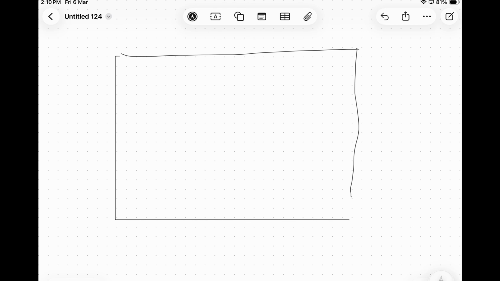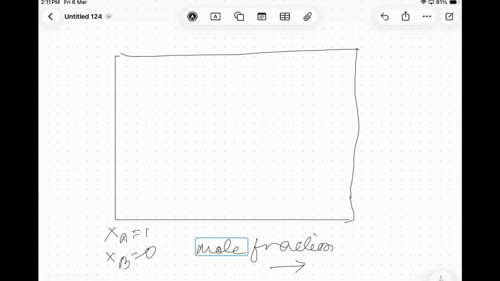Take graph. In case of solutions having positive deviation, mole fraction XA maximum, XB minimum, XB maximum, XA minimum.